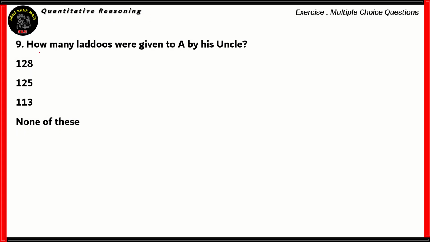Question number 9. How many laddus were given to A by his uncle? So we have option A, 128, option B, 125, option C, 113, option D, none of these.